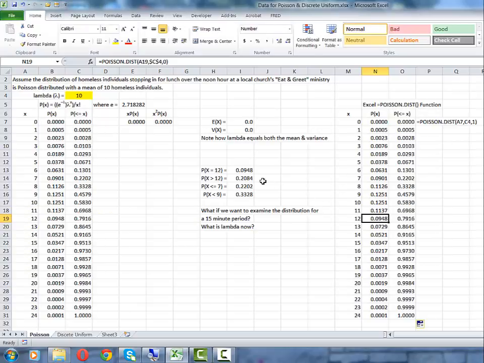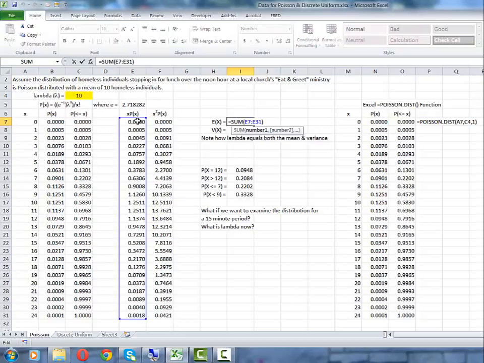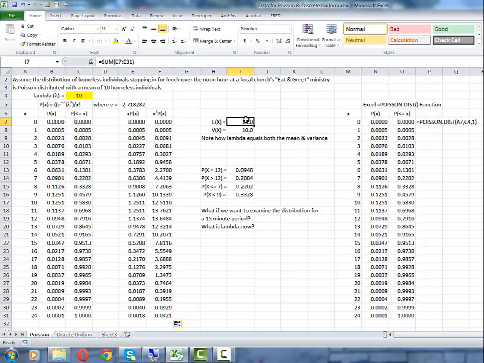Okay, and so also you could find the expected value. Well, the expected value is the sum of x times probability of x. We already know that, so I've got that set for us.